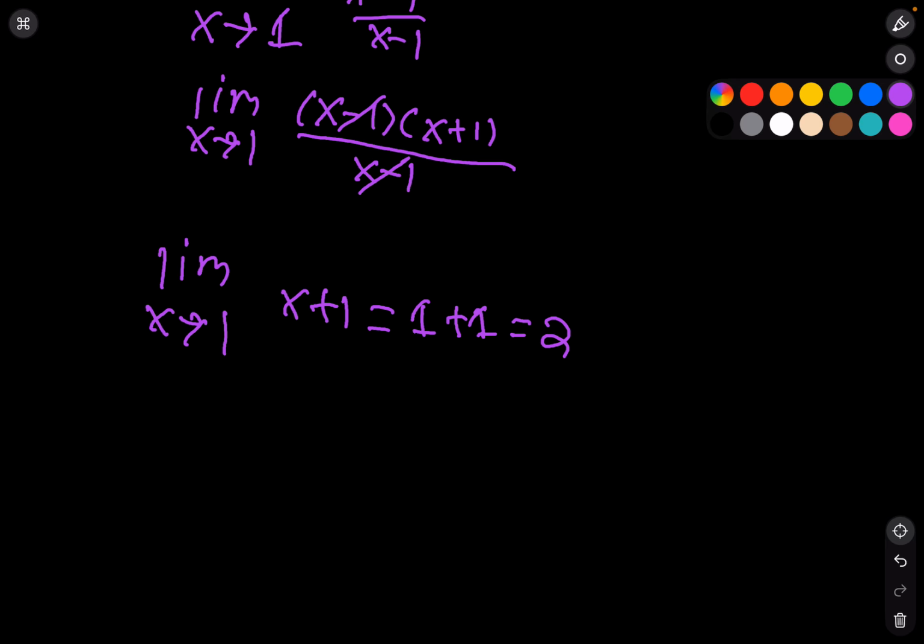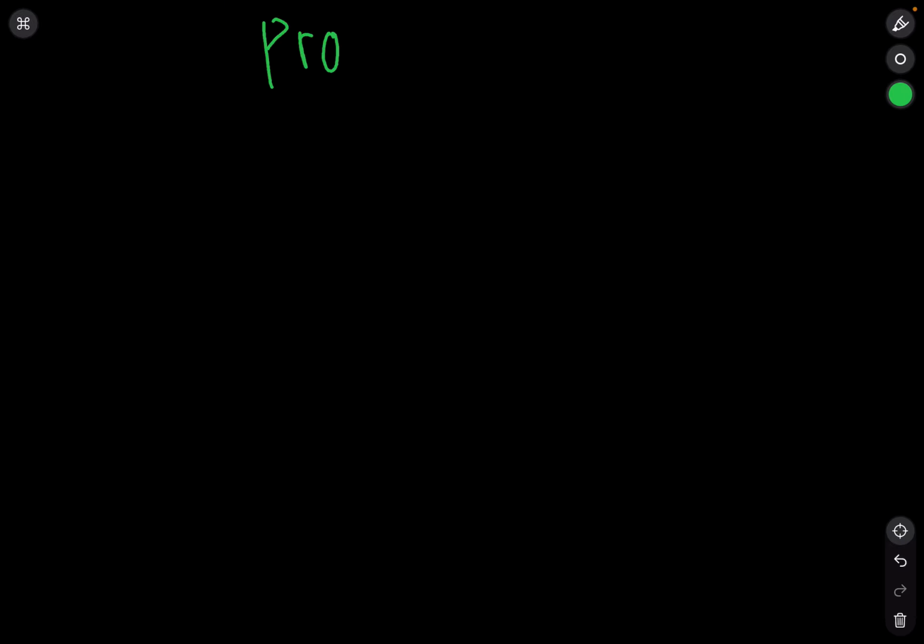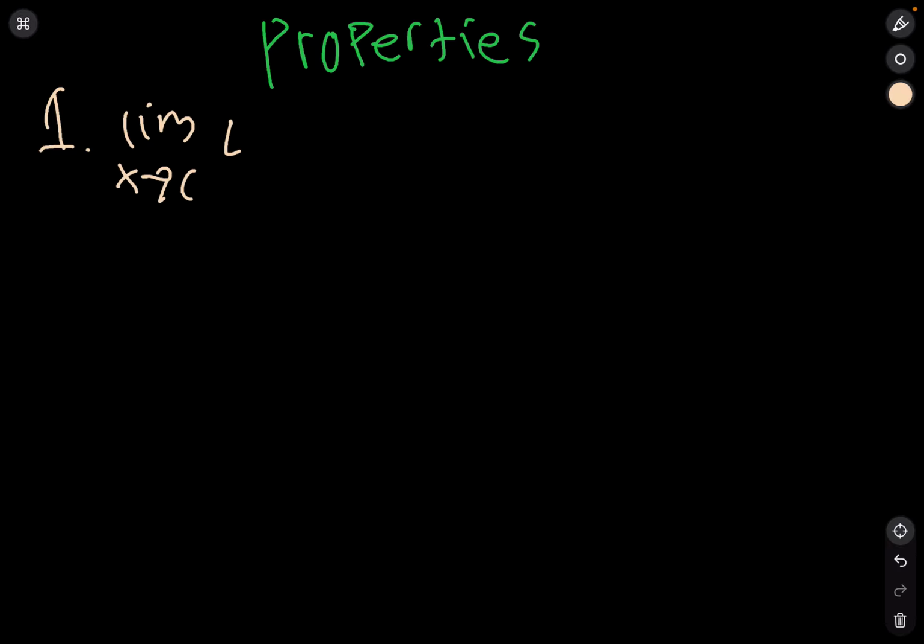And now we're going to get into some properties. So I'll write it down above here. The first property is that the limit as x approaches c of some constant is always going to be that constant.